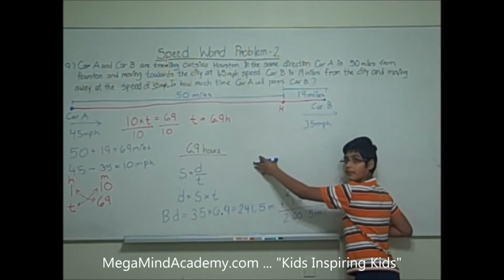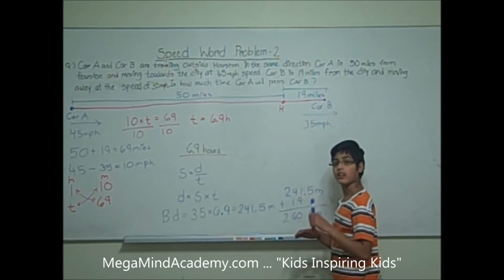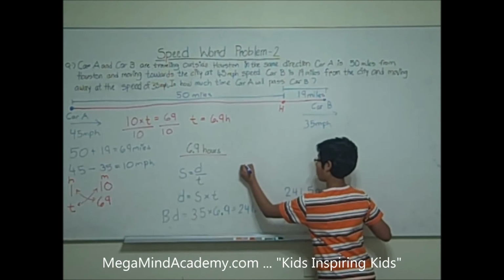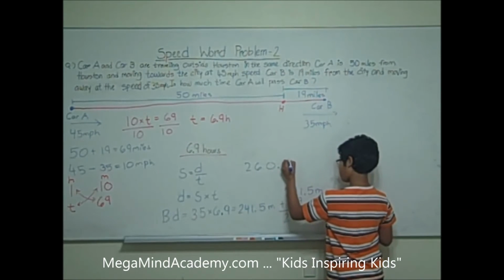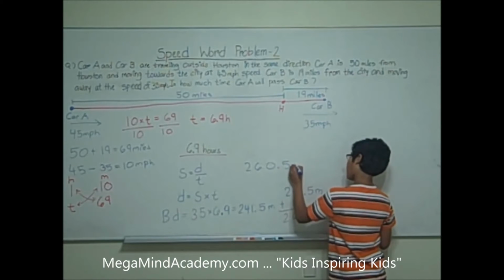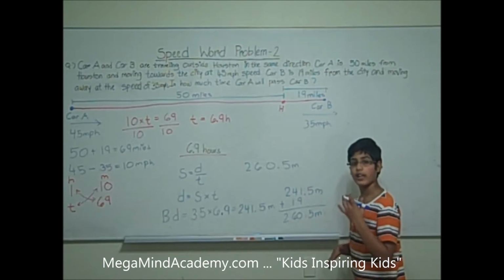Let's write that here. He had traveled in total from Houston to itself 260.5 miles. M for miles.